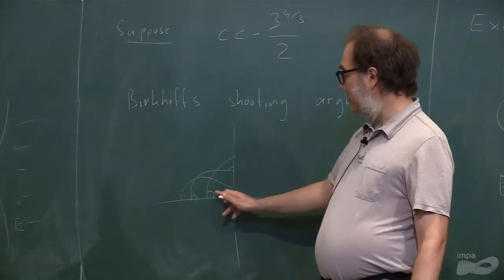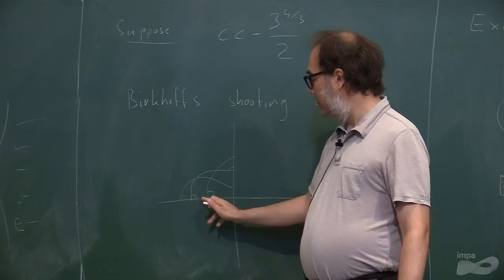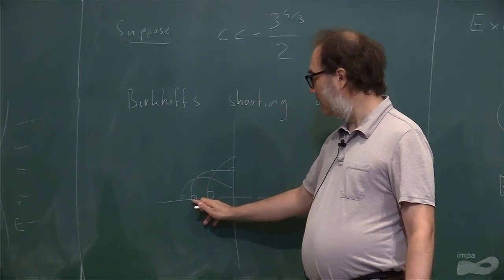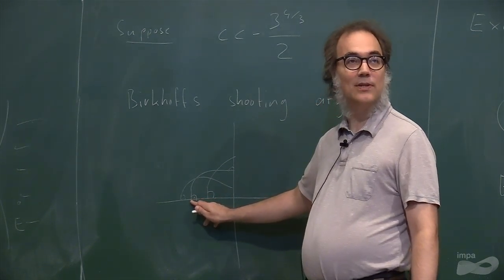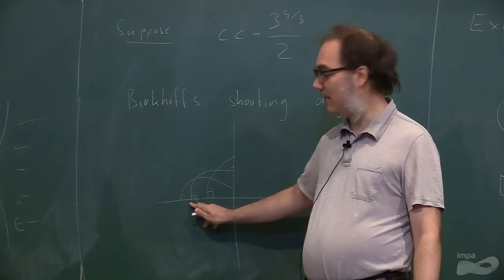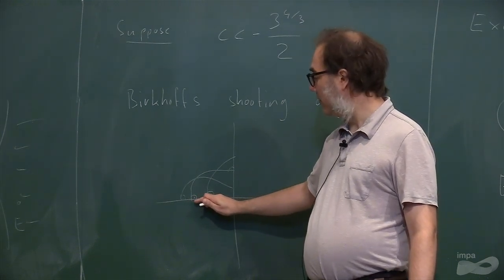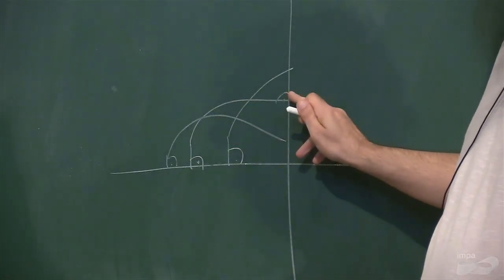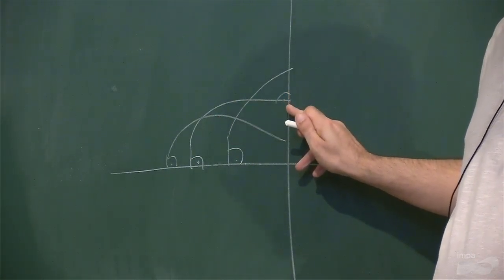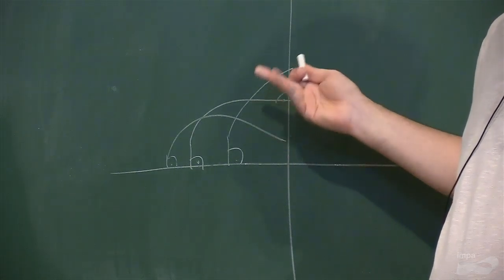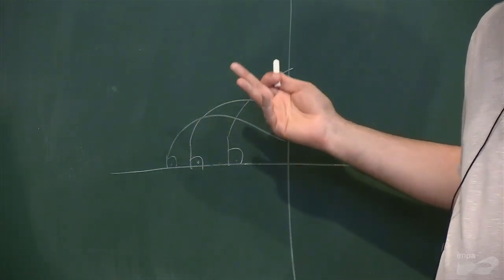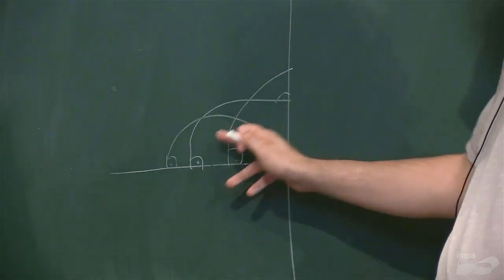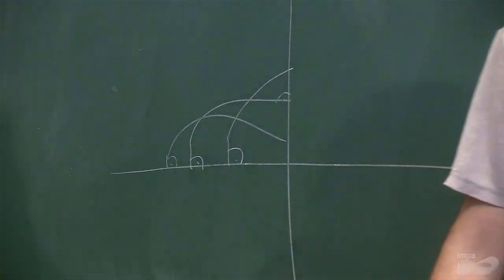So the problem is we have to make sure that we will be successful, that there is a point like this where we shoot perpendicularly and also will end here perpendicularly. This is a priori not clear. Why should we find such a point here?